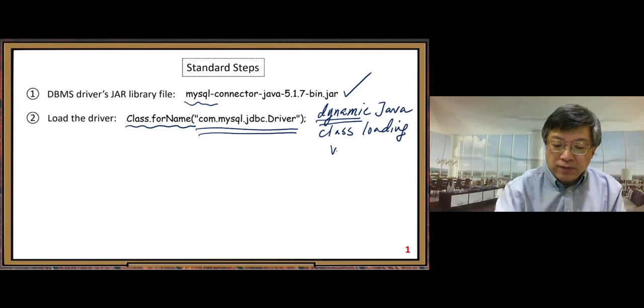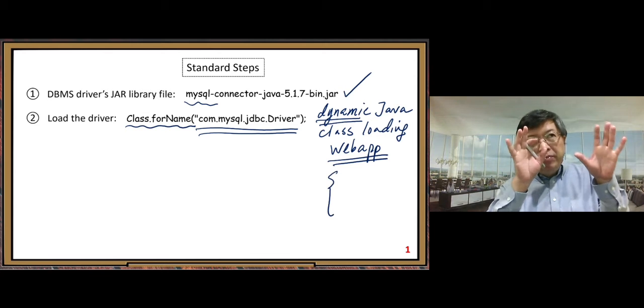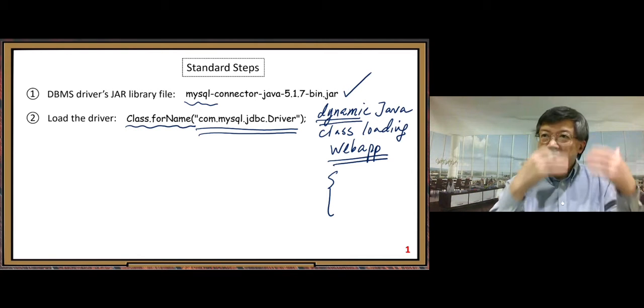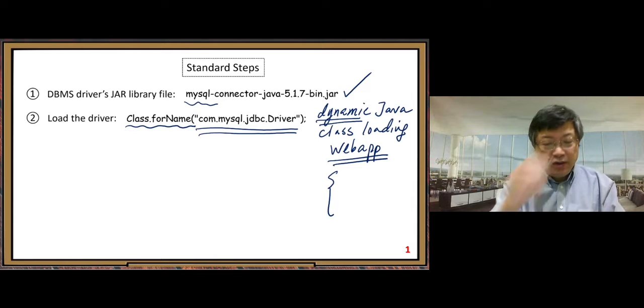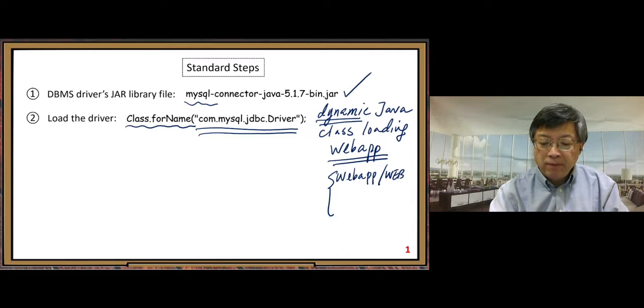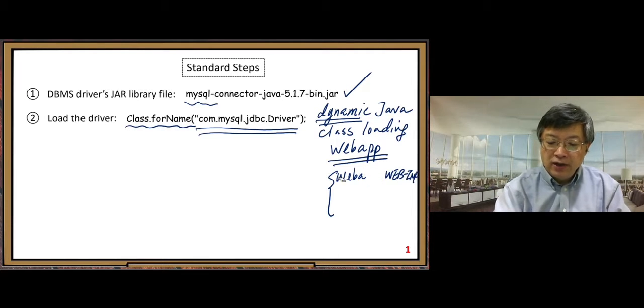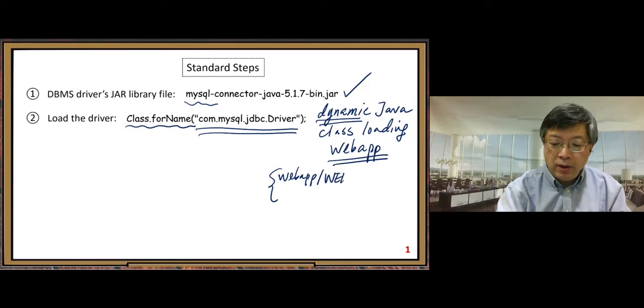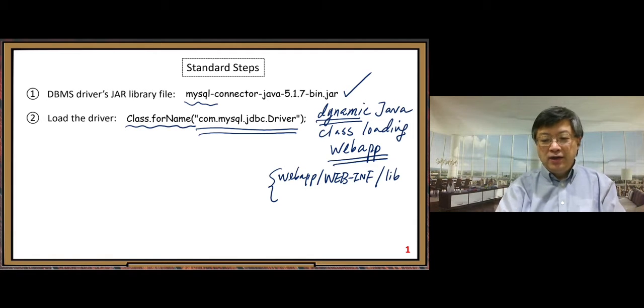For a typical Java web application, when a Java class is loaded, only three places will be searched automatically. First, suppose you have a web app, you have a WEB-INF folder, and WEB-INF/lib. That is the first place.